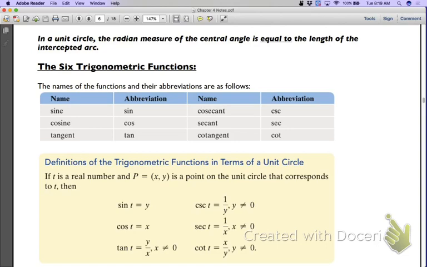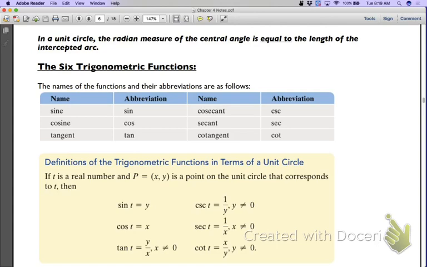So whenever we talk about the reciprocal, obviously if we have sine of t, where t is any number, and our point on the circle is just x and y, that is the way we look at everything in terms of a trig function.